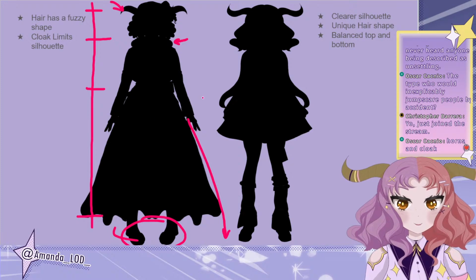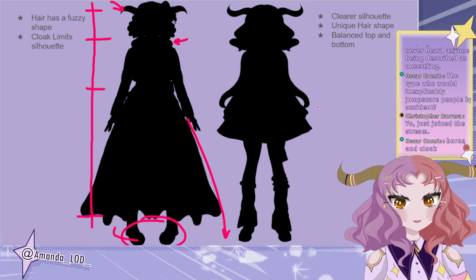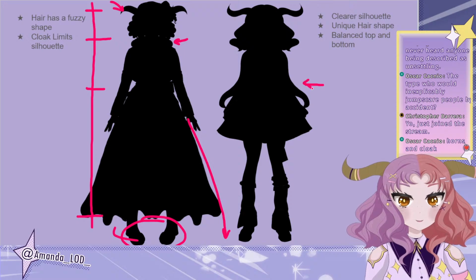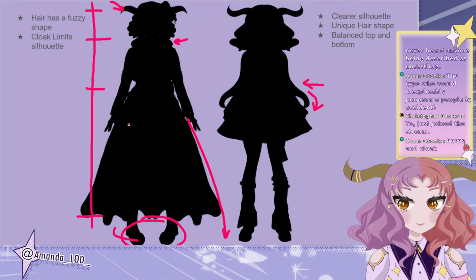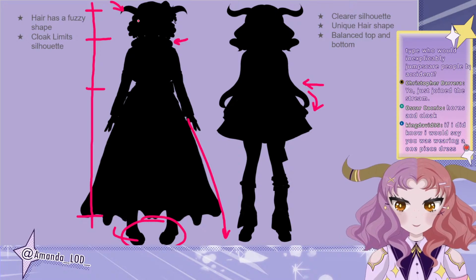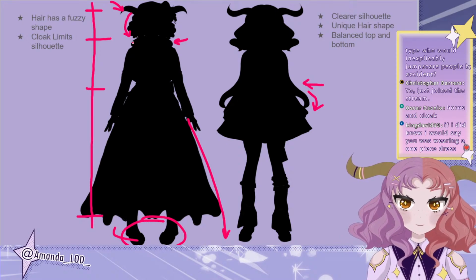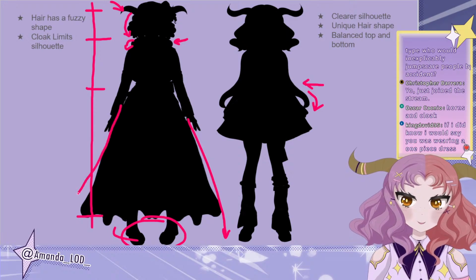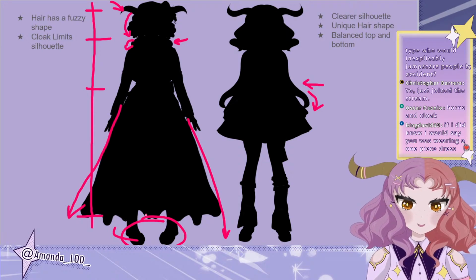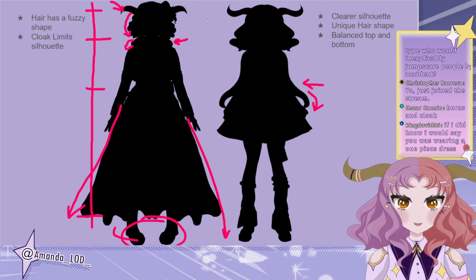So what I did to try to improve the silhouette in the new one is that I shortened the cape and gave it this shape. Because another thing with this one is that all of the shapes are kind of similar. Like, it's got this curve, then this curve, and then the cloak is sort of a curved line like that. So all the shapes are really, really similar on this one, which is also not good.